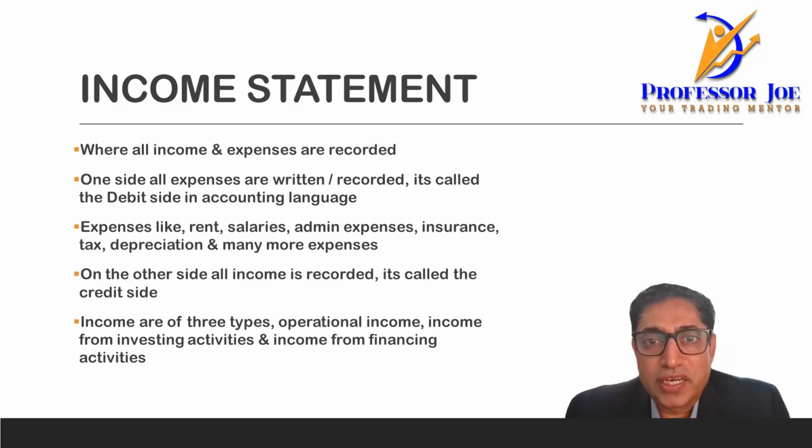That is basically if the company is raising funds, it can be through an IPO or through any other sources. And the third type of income is income from investing activities. Wherever the company has invested its excess money, it could be in projects, in shares, or in the bank, the income coming out of that activity. So there are three types of income for a company.